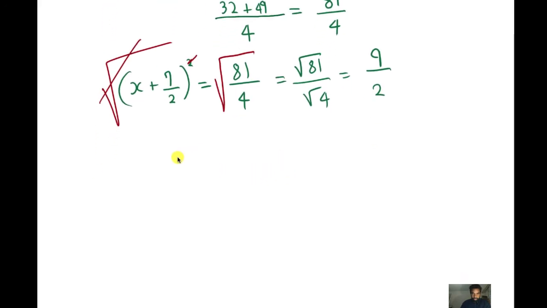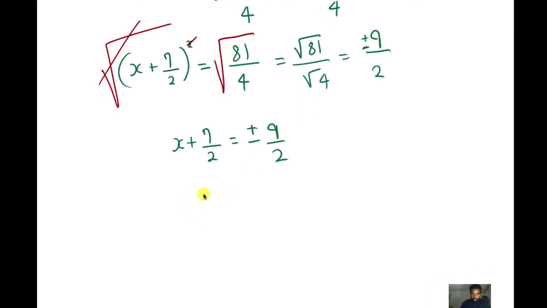Okay, and so now we write out on the next line that x plus 7 over 2 is equal to plus or minus 9 over 2. Sorry, I forgot that here. Okay, you agree that this could be plus or minus 9. All right, negative 9 times negative 9 gives us positive 81.